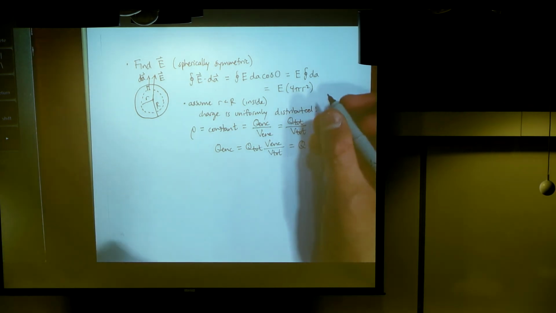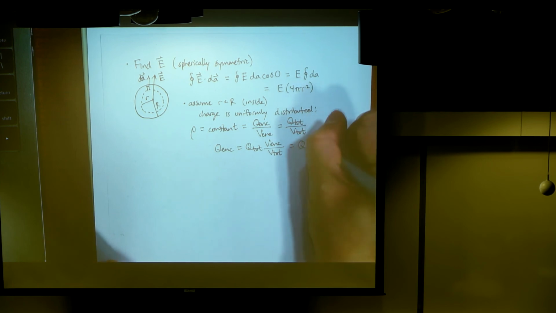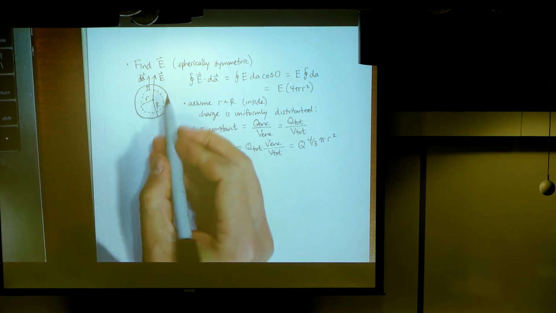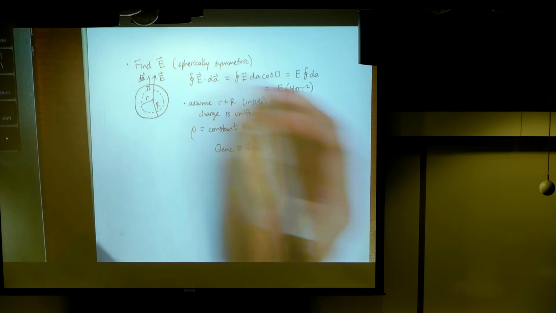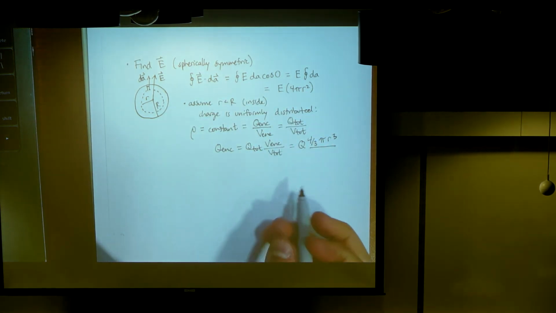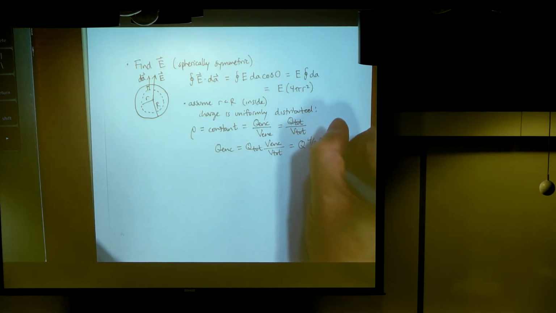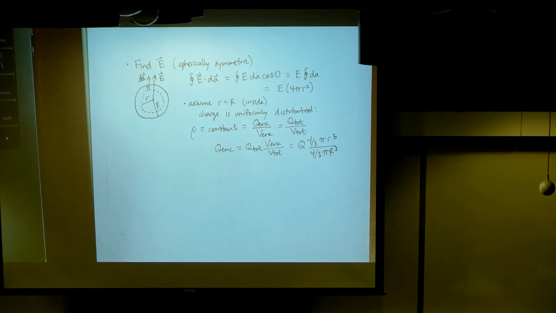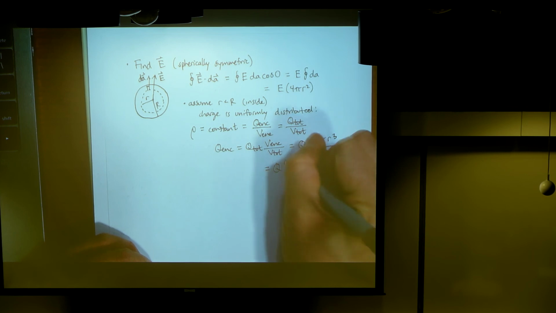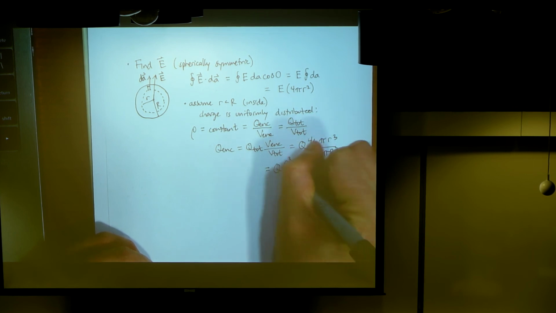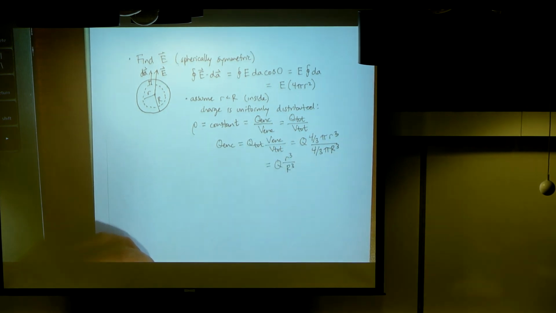Yeah, so it's 4/3 pi r cubed, because we're talking about a volume. But for the volume I'm enclosing, I'm going to use little r. There we go. And then for the other one, we're going to use big R for the total volume. Does that make sense? So this can be written in a much simpler way as Q times little r cubed divided by big R cubed, because the 4/3 pi factors drop out.